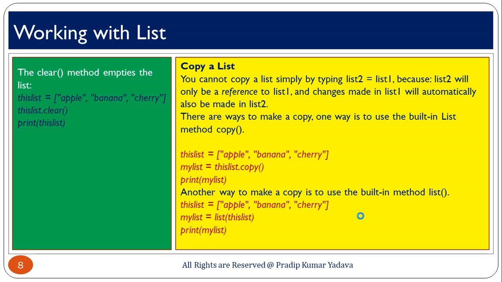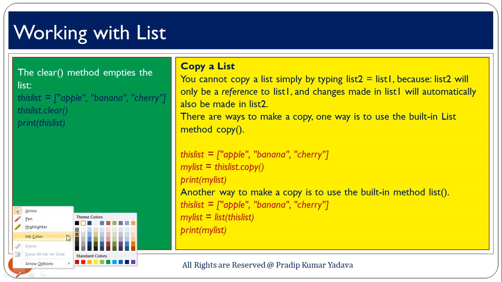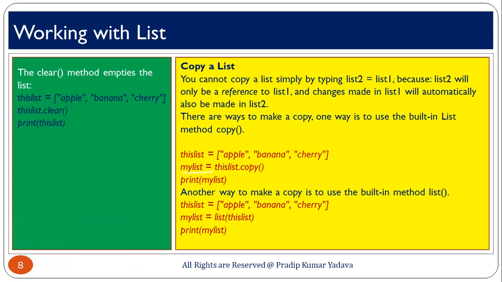Suppose this is the list and you want to make a copy, you can choose a second variable, here you can see, and this list dot copy, just assign this method to this variable and a copy will be created. And the second method is list. Here just look at this my list, pass this list, and a copy will be created of this list. So, there are two ways to create a copy, one is copy and the second is list.